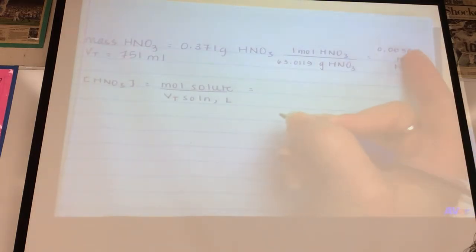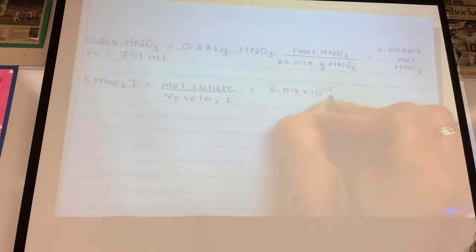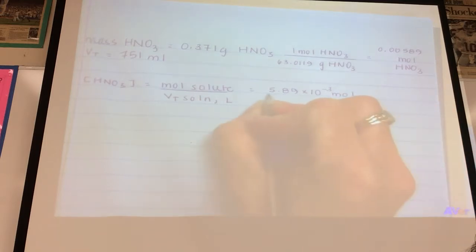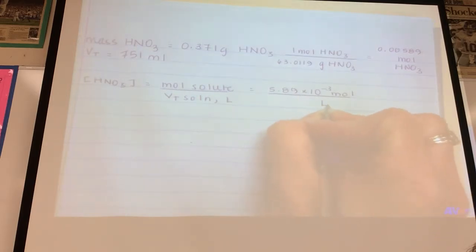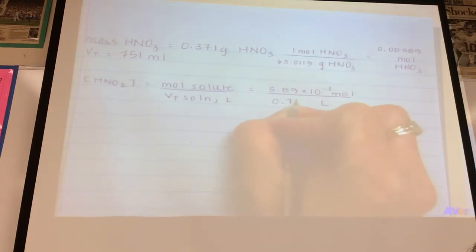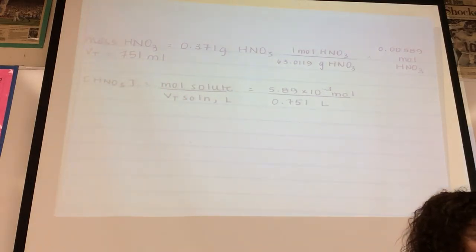I'm going to flip that into scientific notation because it's easier. And it's okay if the moles are really little. And what will you divide that by? 0.751 liters. mL to liters, move the decimal 3 to the left.